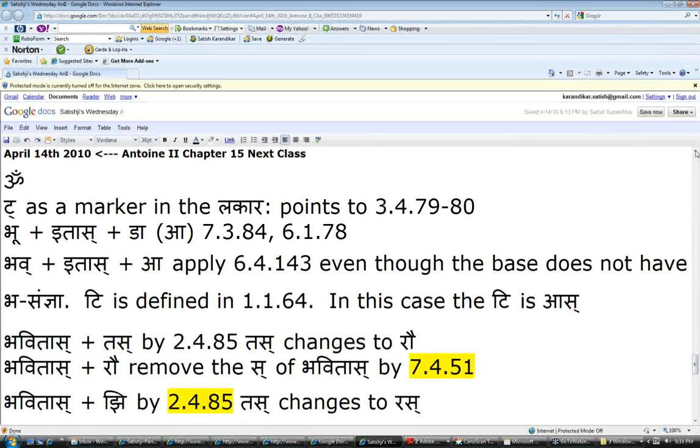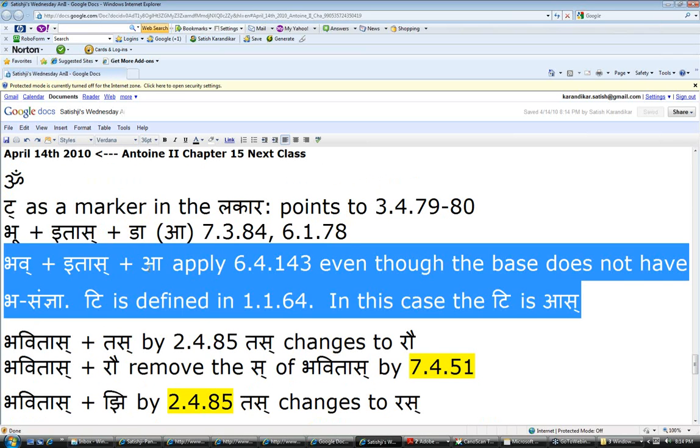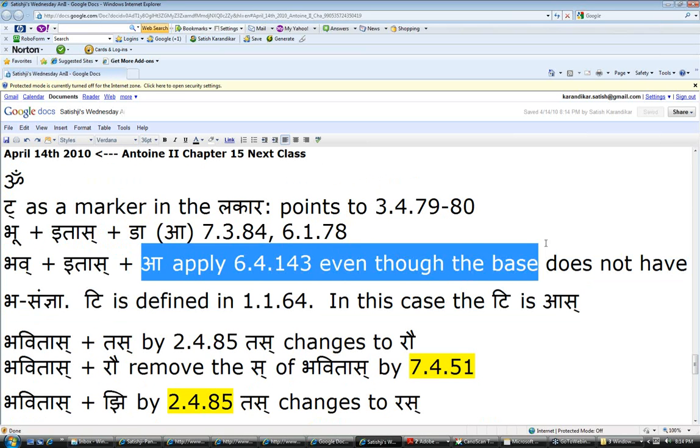So we use 64143 by extension. I'll just copy this. All this is common, this Da and the A coming here.